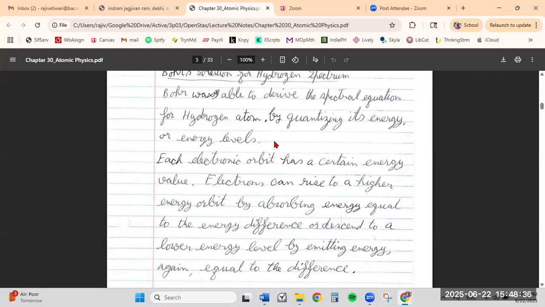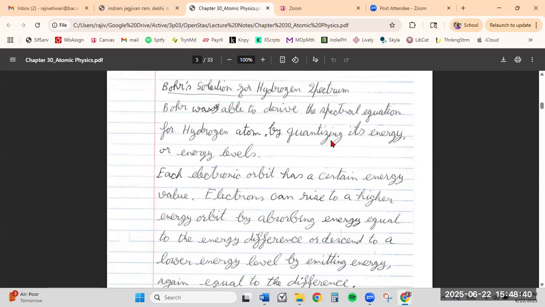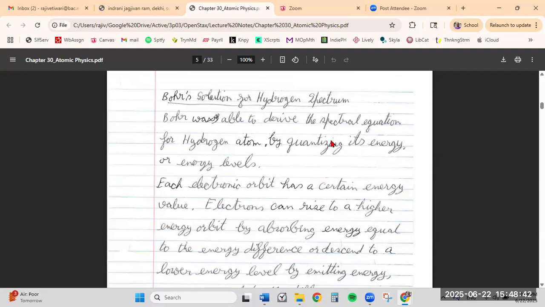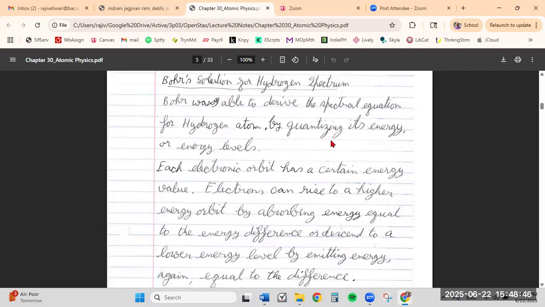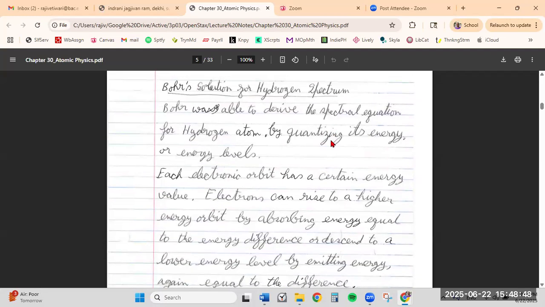So here's another instance of quantization. We've already seen how in Planck's model, atoms and molecules are considered to be oscillators, which oscillate at discrete frequencies, and they emit and absorb discrete frequencies also.